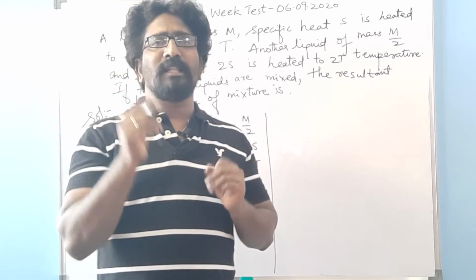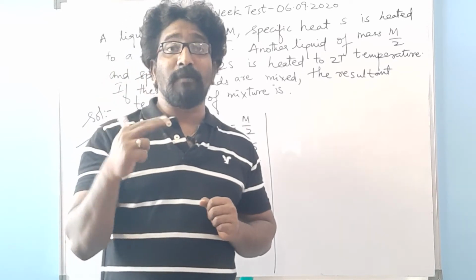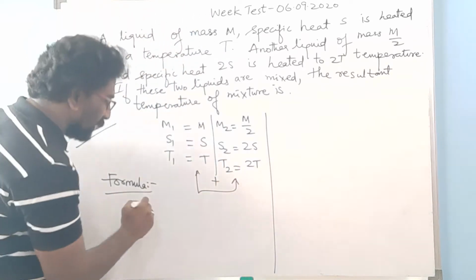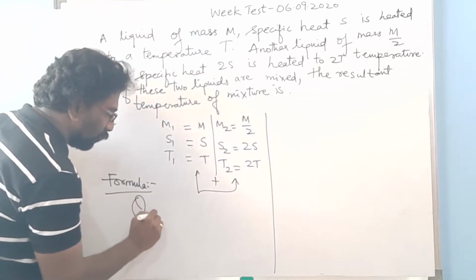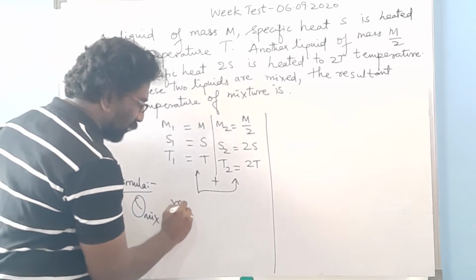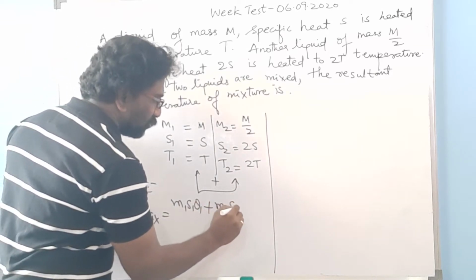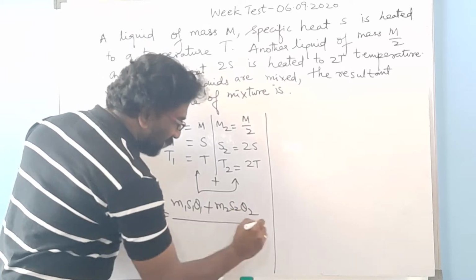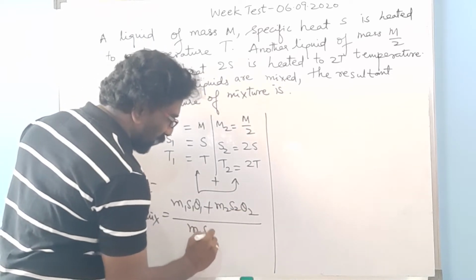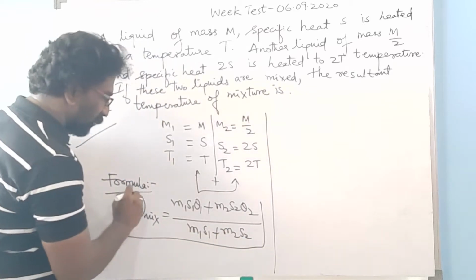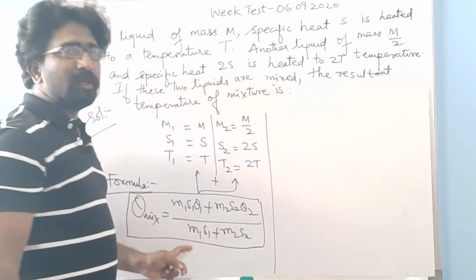Here we have only two liquids which have been mixed. So let me write down the formula as theta mix is equal to m1 s1 theta 1 plus m2 s2 theta 2 divided by m1 s1 plus m2 s2. So this becomes your formula for solving this particular problem.